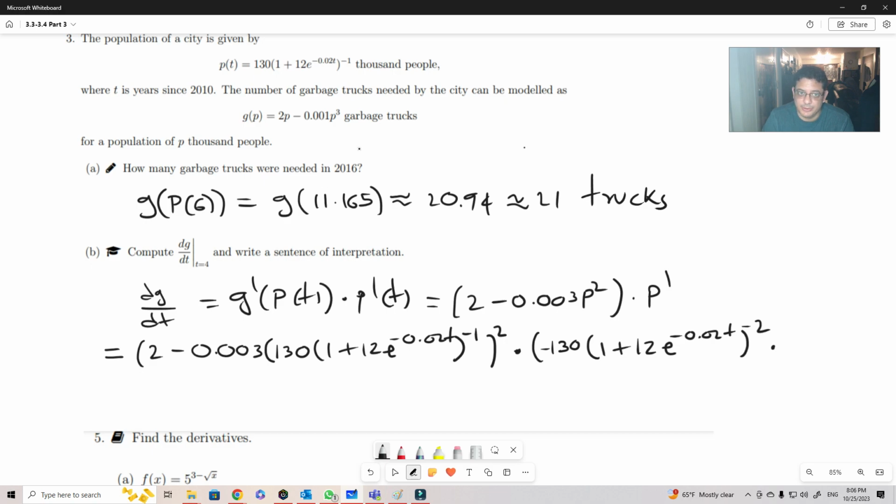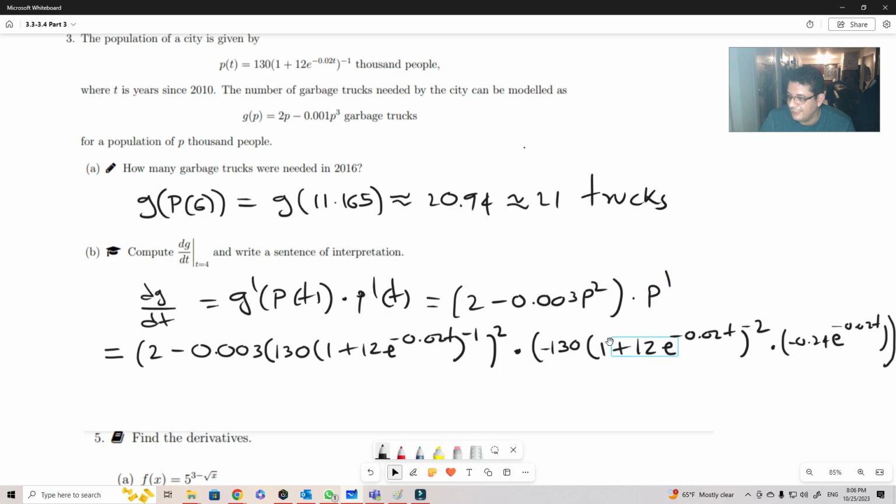And now we need to multiply by the derivative of the function inside, which is going to be minus 0.02 times 12, which is minus 0.24, and then e to the minus 0.02t. So a fairly complex product.